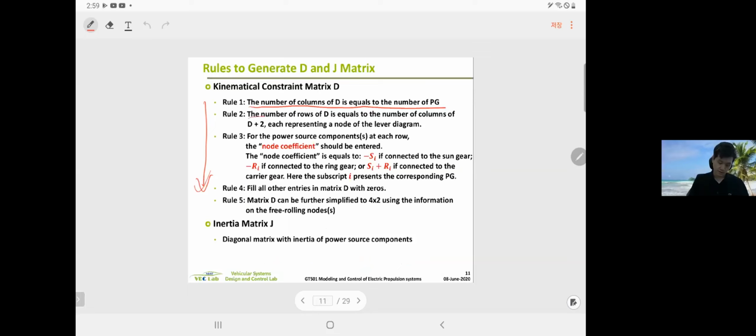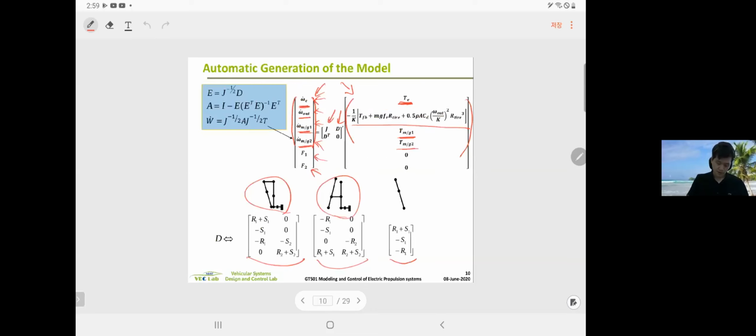And then the number of rows of D is equal to the number of columns of D plus 2, each representing a node of the lever diagram, okay? So what that means is the number of rows represents the number of independent nodes. So here you have 3, here you have 4, okay?